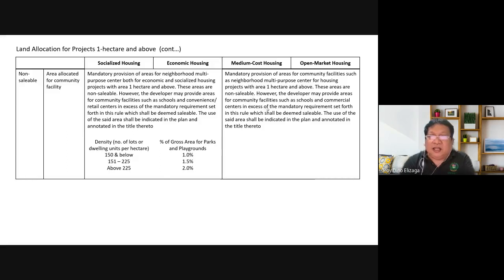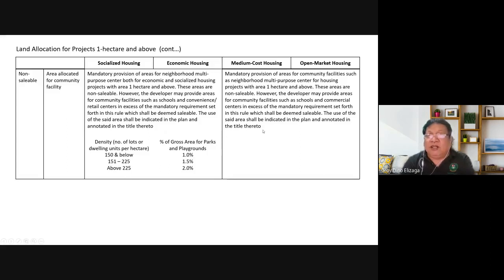These areas are non-saleable. However, the developer may provide areas for community facilities such as school and commercial centers in excess of the mandatory requirement set forth in this rule, which shall be deemed saleable. The use of the said area shall be indicated in the plan and annotated in the title thereto.